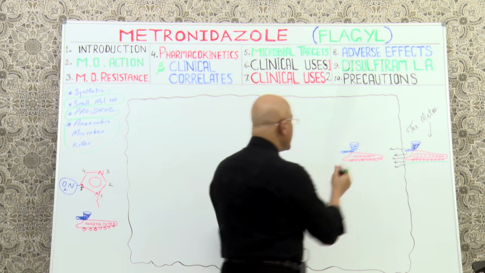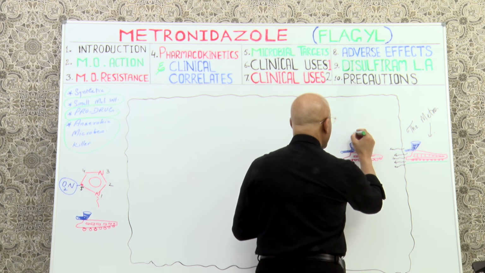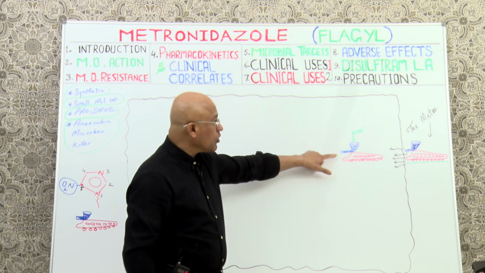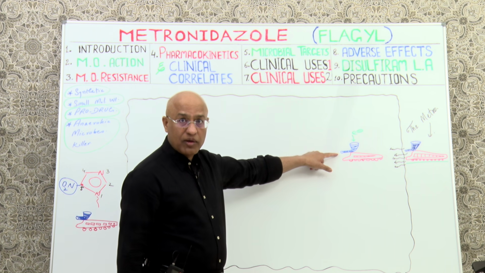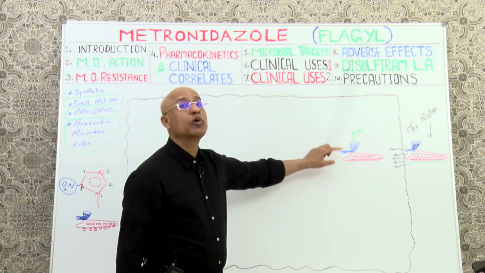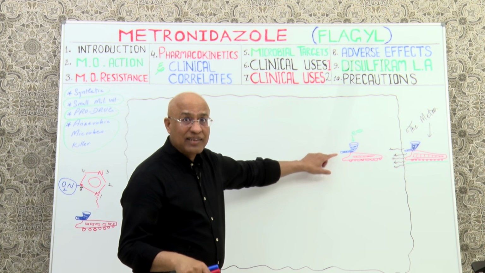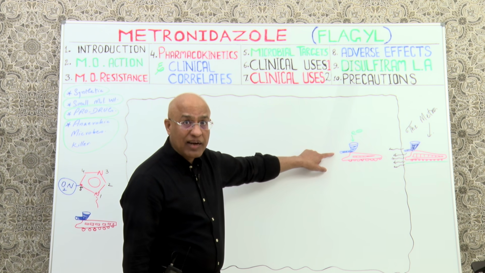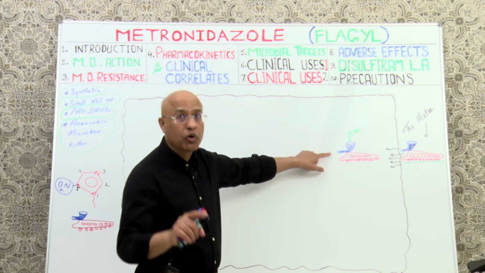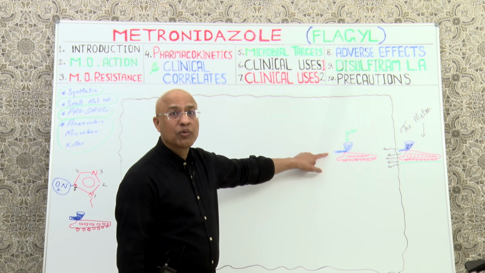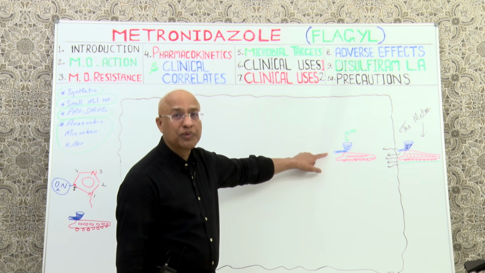From somewhere it should get electrons. If the nitro group does not get an electron, it means it does not get reduced. If it does not get reduced, then the electron gun is not loaded with an electron, so metronidazole will not be active, will not be dangerous.